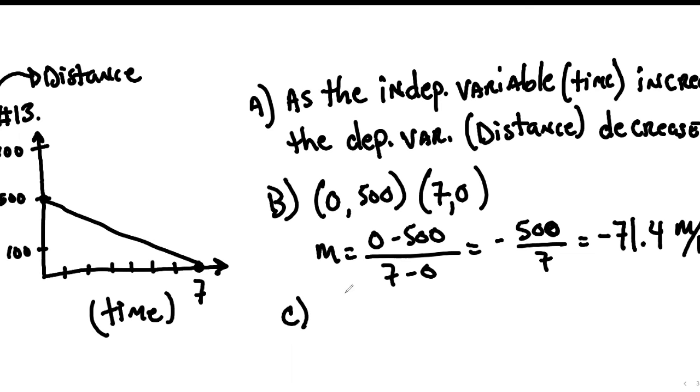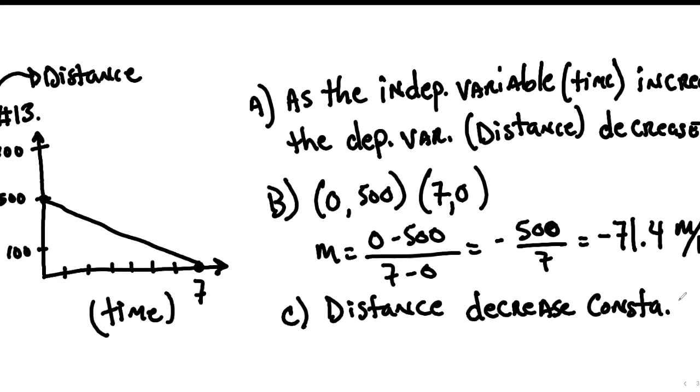So C, you will say distance decreases constantly over a 7-hour period.